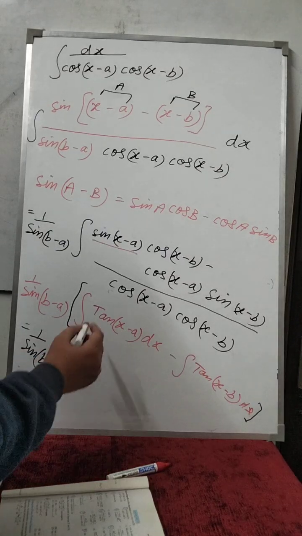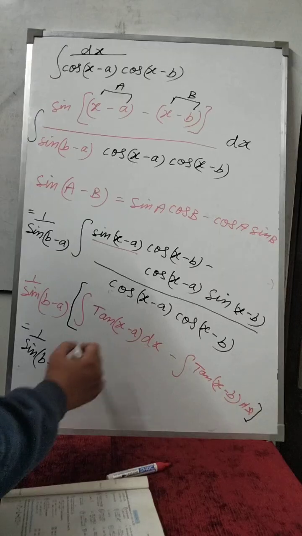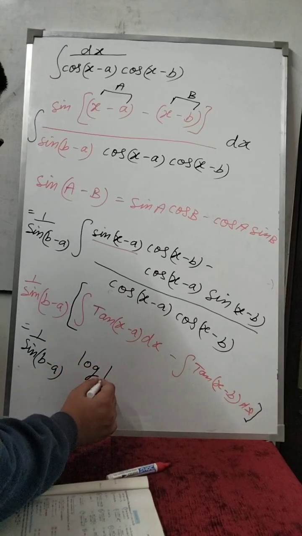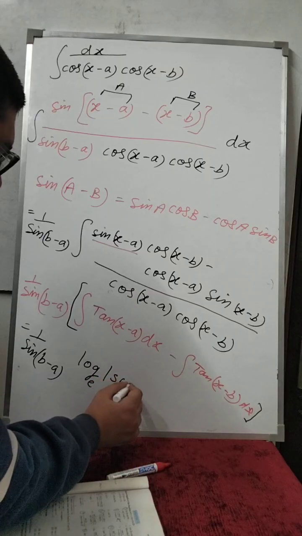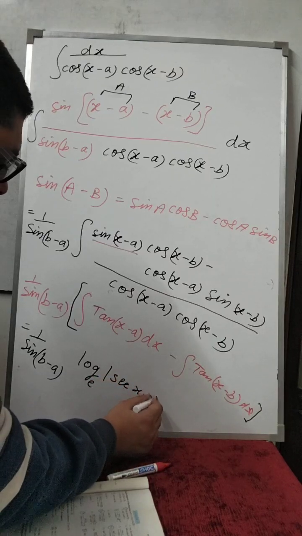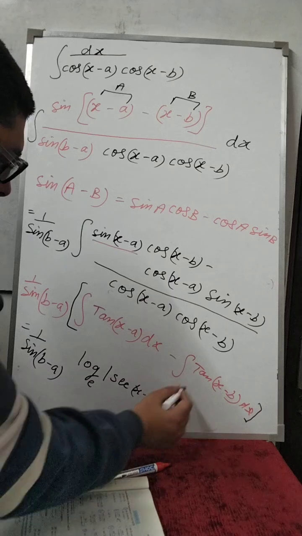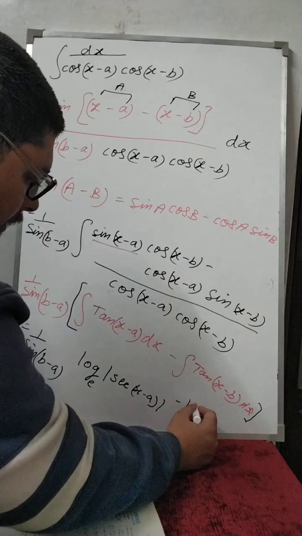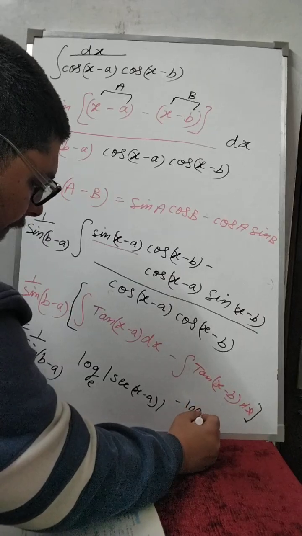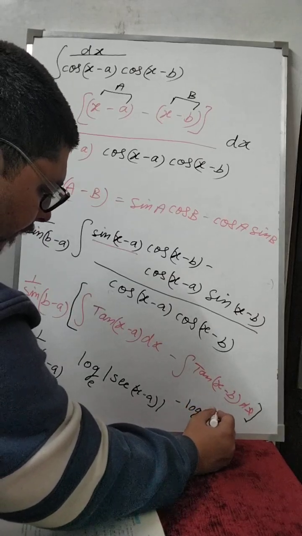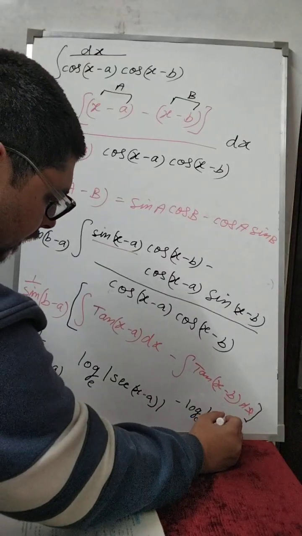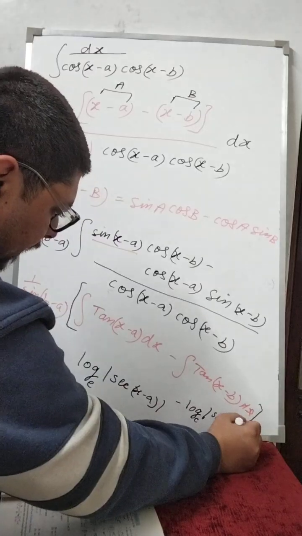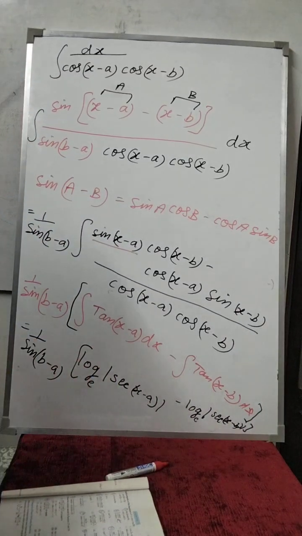So integration of tan x minus a will become log to the base e mod of secant of x minus a, and integration of tan x minus b will become minus log to the base e mod of secant of x minus b. Okay, so this is the final answer.